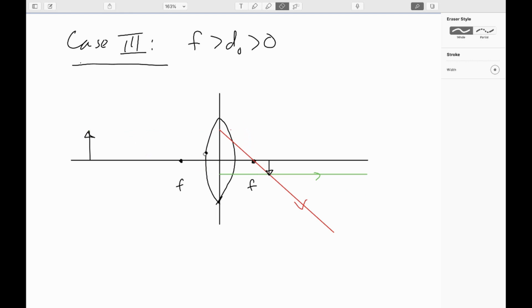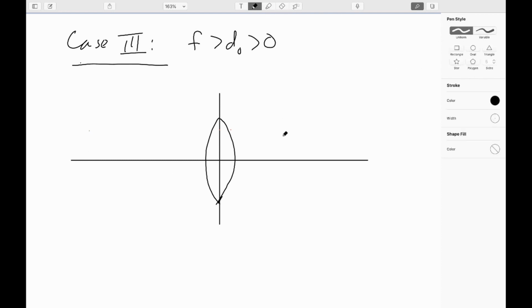Here I'm going to make my focal points a little further out, just to make it a little easier to draw.